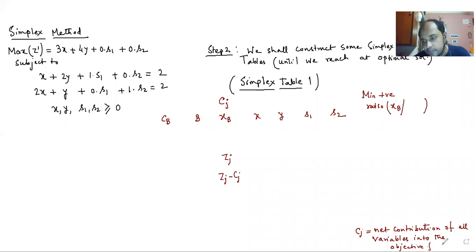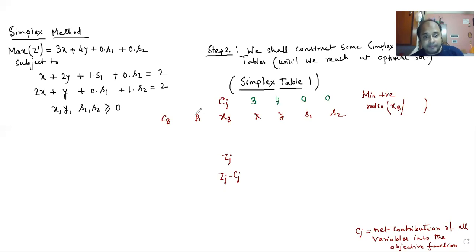Okay, so let us fill it up. What is the contribution of the variable x in the objective function? It is 3 units. What is the contribution of variable y in the objective function? It is its coefficient, 4 units. The contributions of s1 and s2 in the objective functions are 0 and 0. So we are putting 0 and 0.